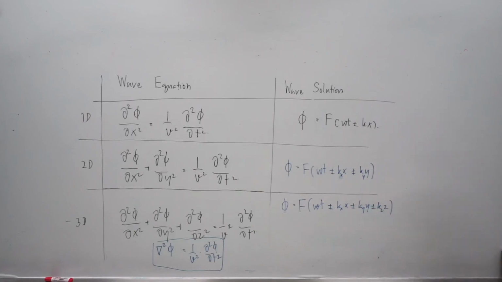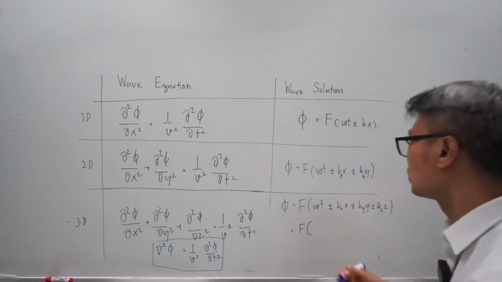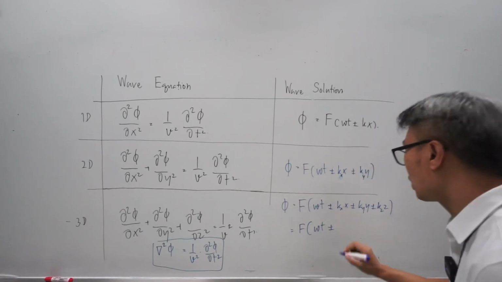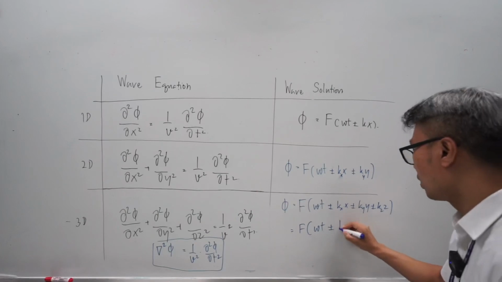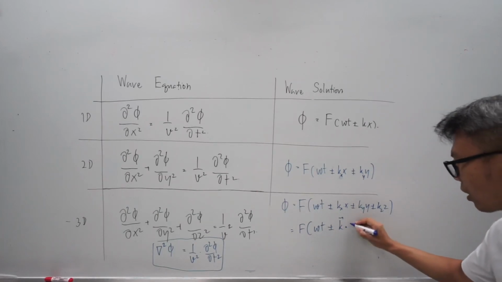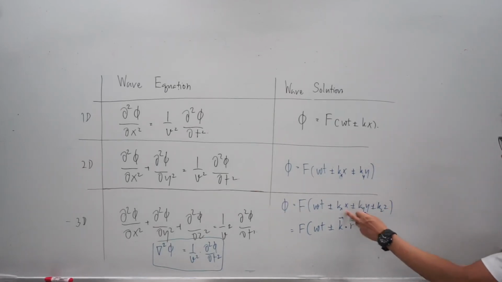But it's quite lengthy, and therefore physicists simplify the final form, which can be written as the dot product of the k vector and r, where r is the position vector.